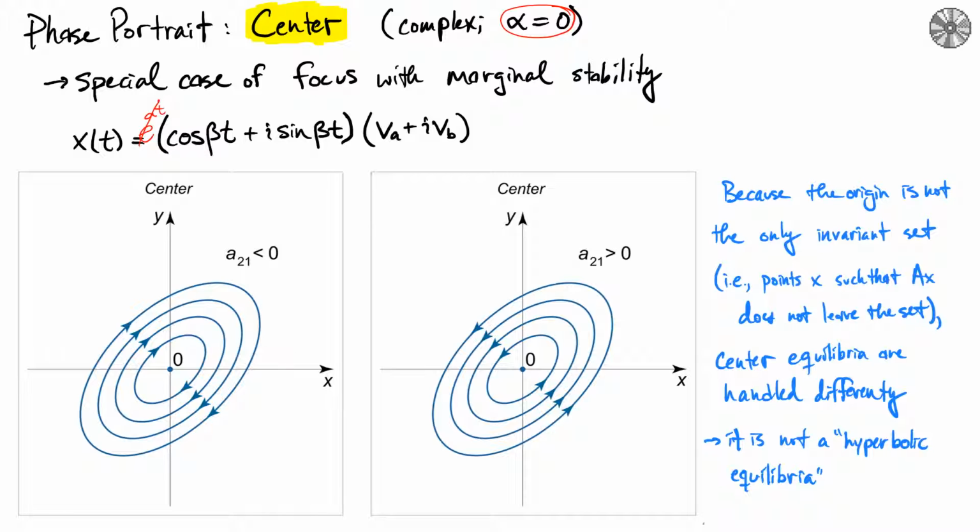It's simply all of these circles or ellipses. This is an example of marginal stability, where the trajectories aren't growing or diminishing. But it makes it difficult to say something about stability, because it doesn't have a unique equilibrium.